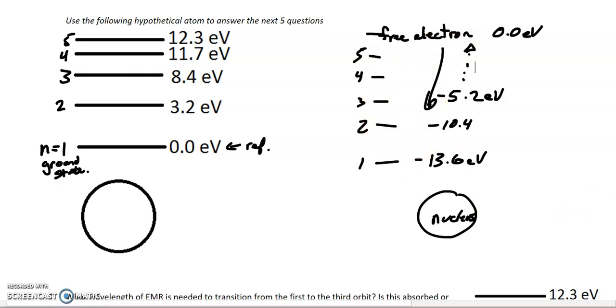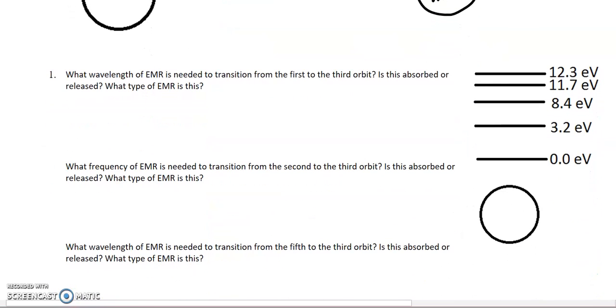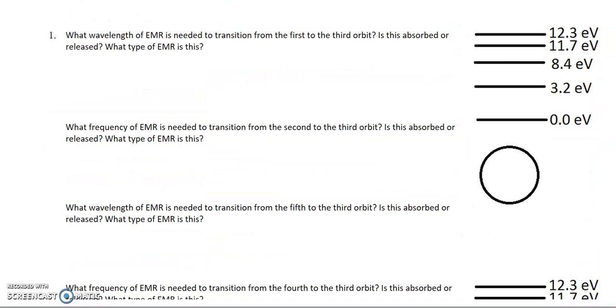So let's take a look at a few examples here. What is the wavelength if we transition from the first to the third? Going from the first to the third means that 8.4 electron volts have been absorbed, right? It has been absorbed because it's moving up, and as it's moving up, the electron is gaining energy, absorbing it from that photon.